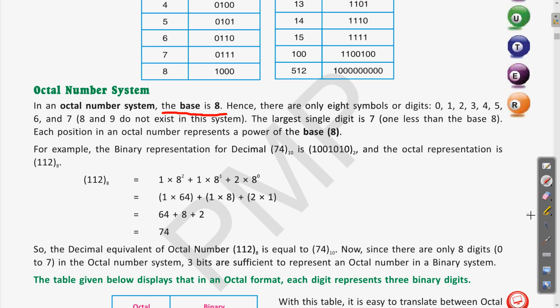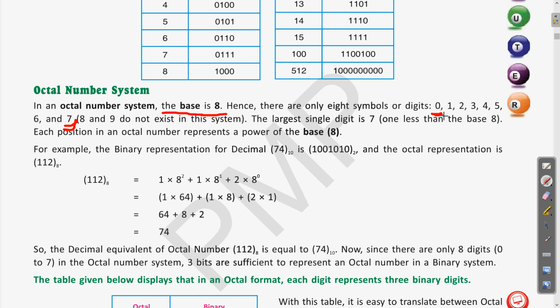So here there are only 8 symbols or digits, that is 0, 1, 2, 3, 4, 5, 6 and 7. Clear? So in the octal we are using 8 symbols, but it will be till 7 only. Why 7? Because 1 to 7 there will be 7, and also we are using 0, so 7 plus this 0, that is 8.